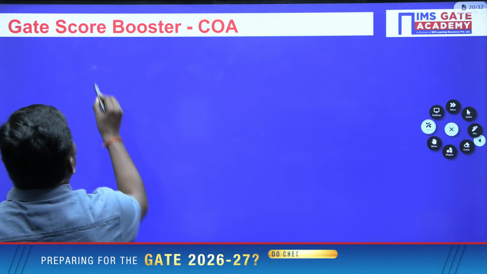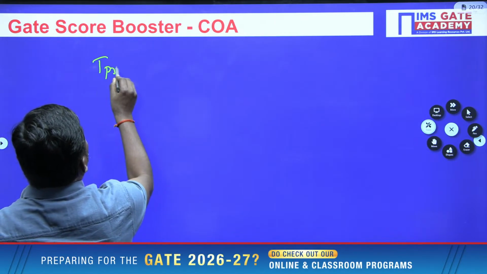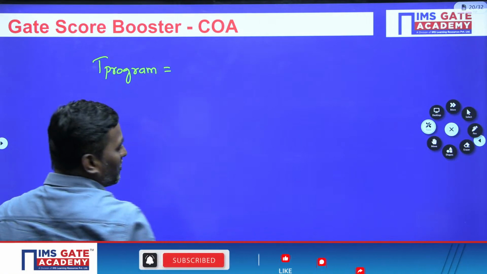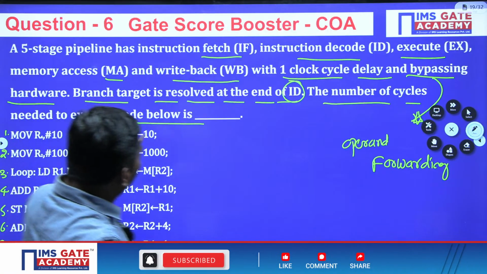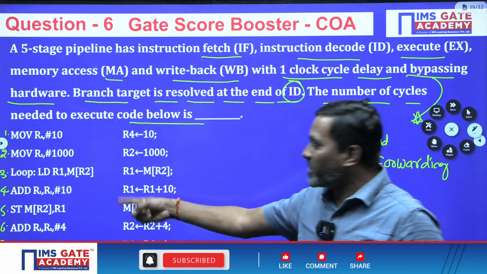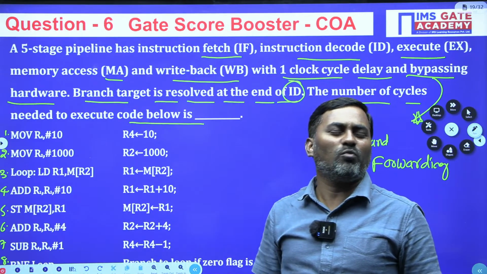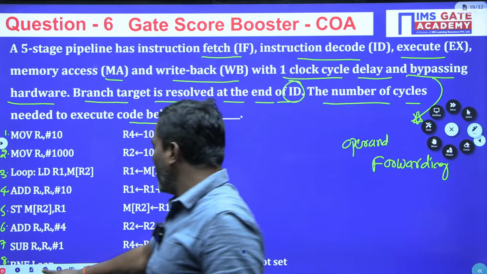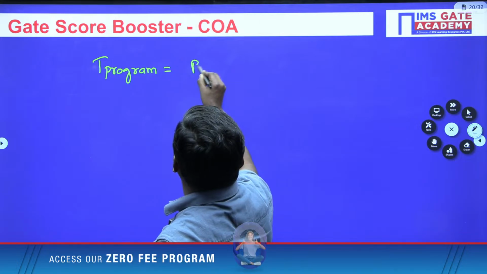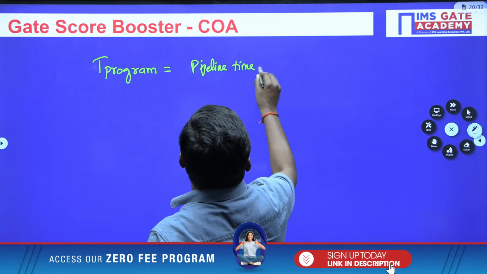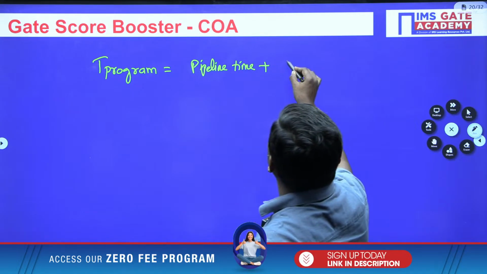So now, time for this program only, right? Time for the program with this pipeline, correct or not? Since the loop is repeating, instead of running the loop one by one, what I can do is take the pipeline time for these instructions through the pipeline, plus the extra stalls.